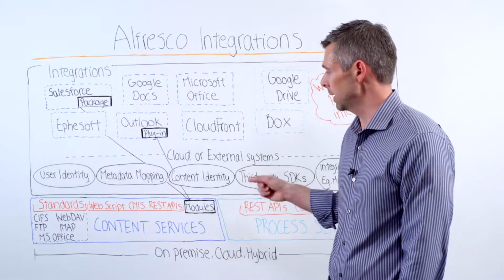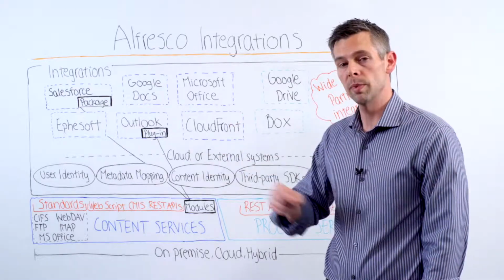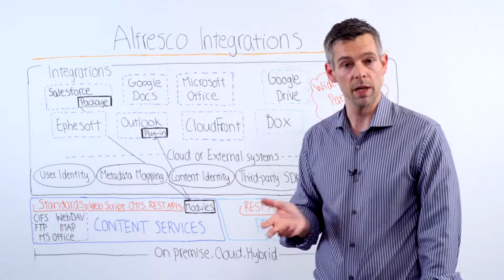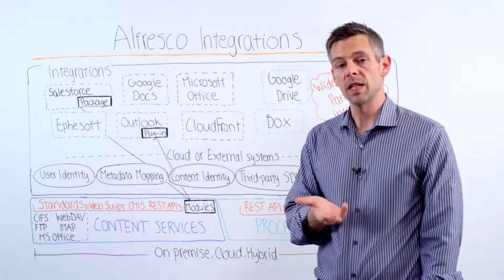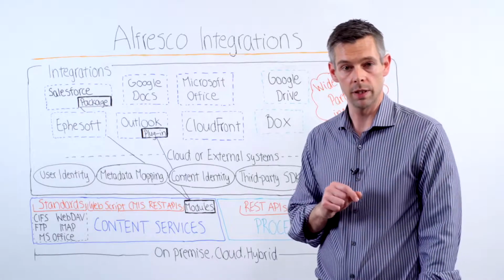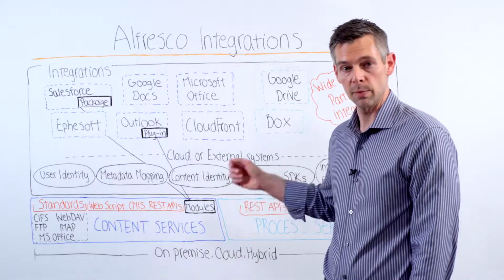Now on the Alfresco side, the communication with the Salesforce REST API is done through an open source SDK library called Spring Social Salesforce, maintained by Alfresco. When the user then visits a Salesforce record, those special pages are served by Alfresco, and the metadata is mapped to the Alfresco aspect properties.